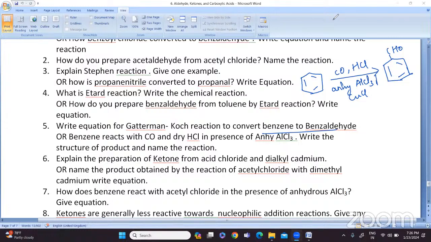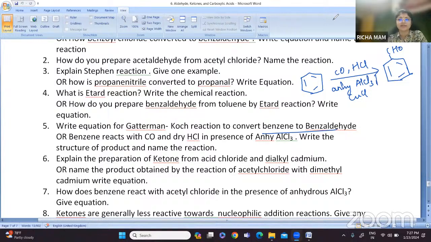This particular question can be asked another way: benzene reacts with carbon monoxide and dry HCl in the presence of anhydrous AlCl3. Write the structure of the product and name the reaction. So what is the product obtained?